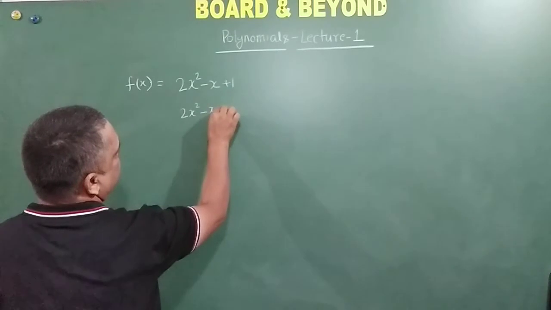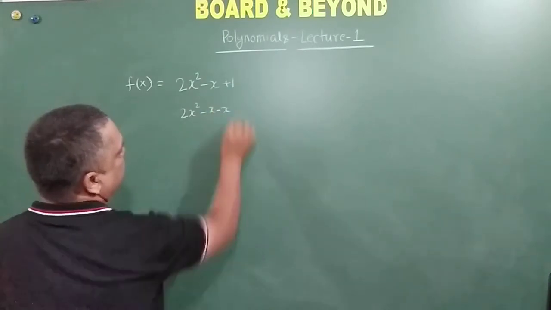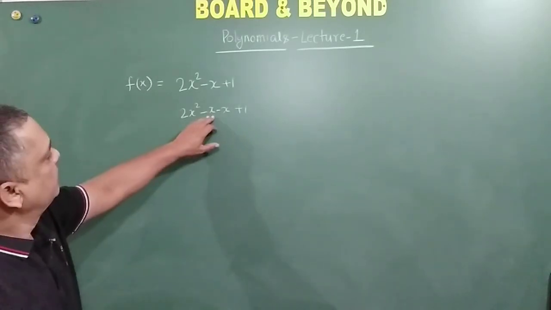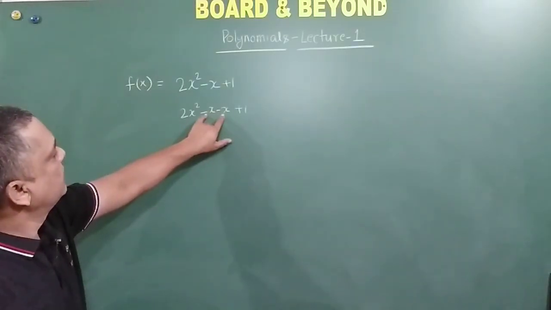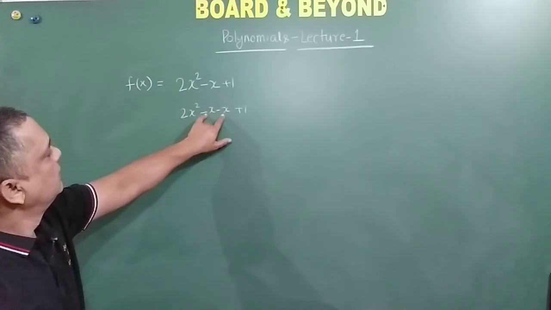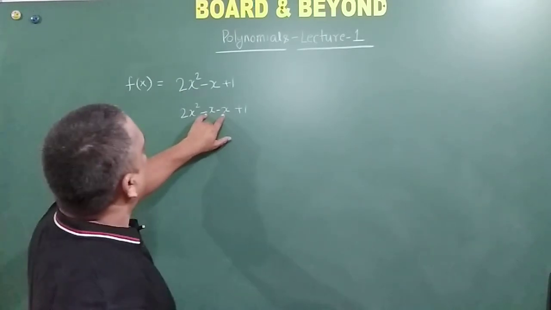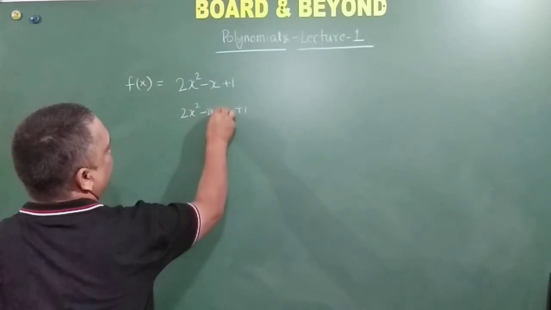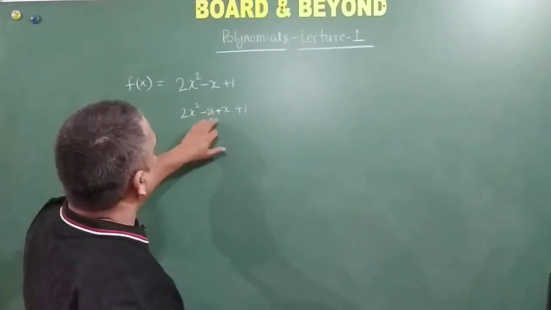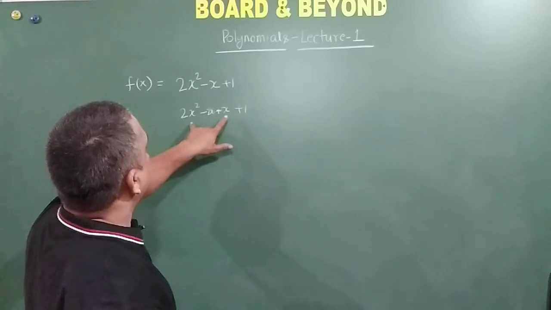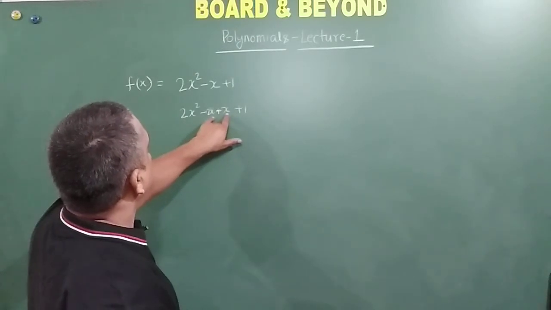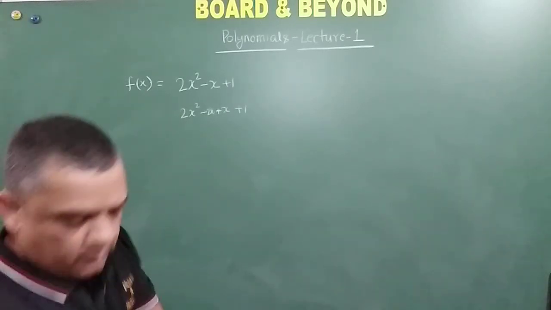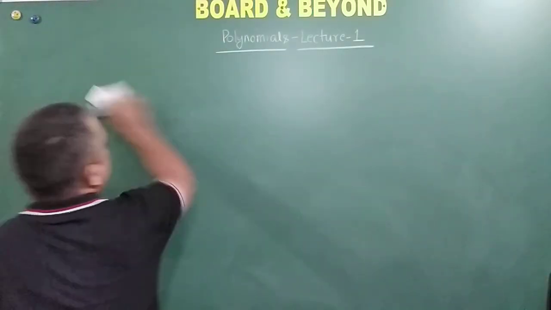So minus x and minus x, plus 1. When I add this, minus 2x plus x, how much does it give me? This will give me minus x and the product will be minus 2x square. There is some problem in this.